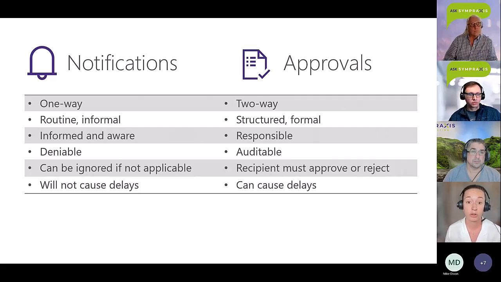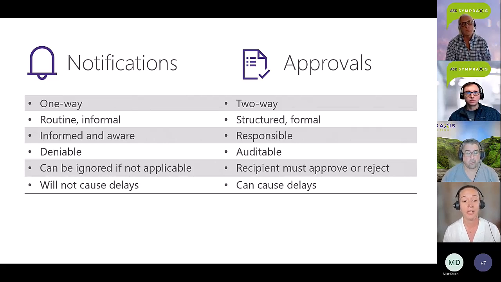They're a little bit more structured and formal. Very often we're aligning this with some kind of business process. Now, often in organizations, you might decide who does what on projects based off of something like a RACI chart. Notifications align with informing someone and keeping you aware, but approvals are making it really clear that someone is responsible. So we have very different use cases of why we would use each one.